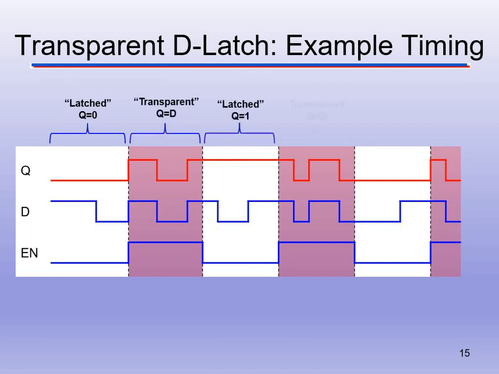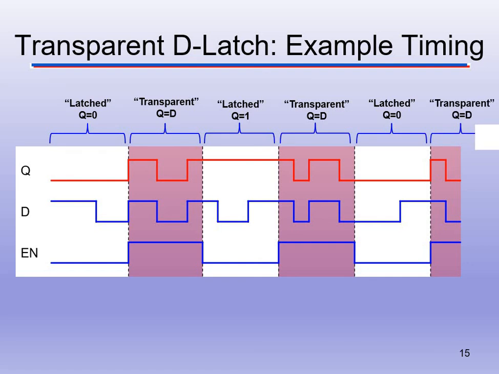So we have a latched signal, a transparent signal, latched, transparent. If we look at latched, what does that really mean? Latched means enable is at 0. So no matter what D is doing, we've latched Q into 0 because enable doesn't allow it to work.